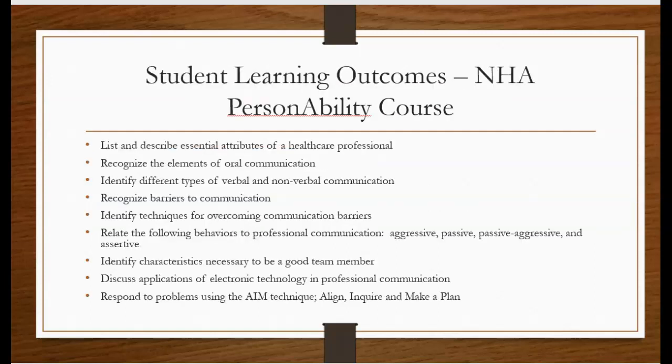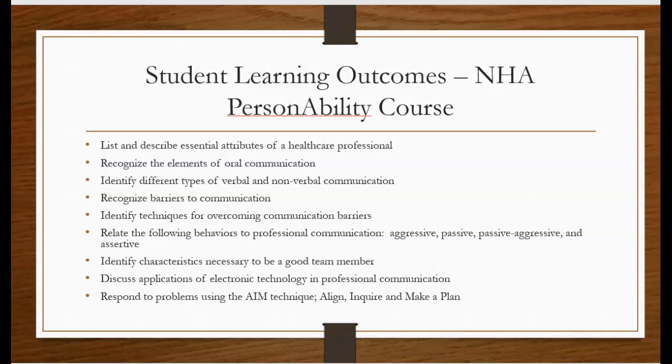In this course, there is a National Healthcare Association course called Personability, and we purchased this through the National Healthcare Association. When students take this course, they are required to purchase this resource. This is an external resource from Canvas and from the college that they must purchase and acquire. Now, that being said, I will communicate with you how they will access these resources.